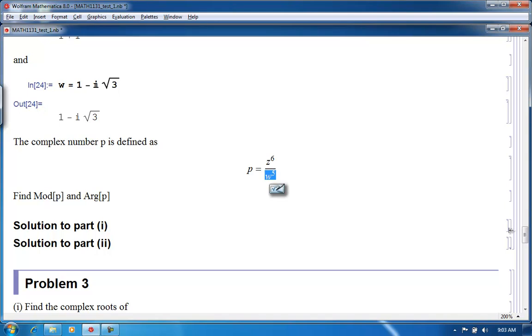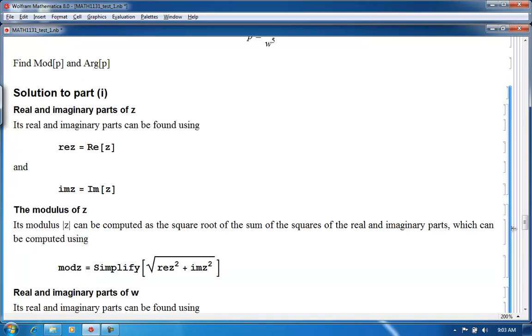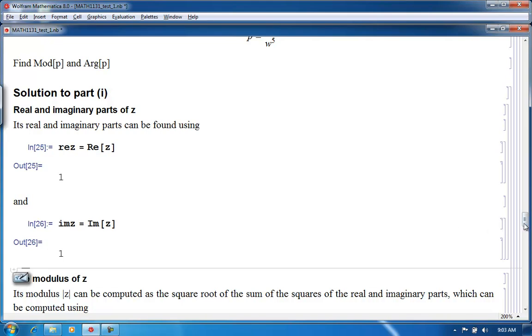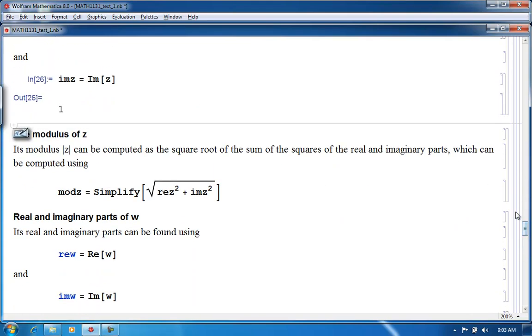So we'll do the first part first, find the modulus. So let's open that up. And we can calculate the real and imaginary parts using our tool from above, and then we use the tool for computing the modulus.